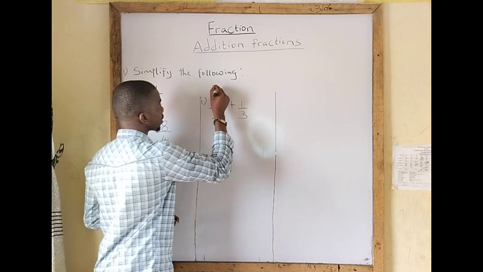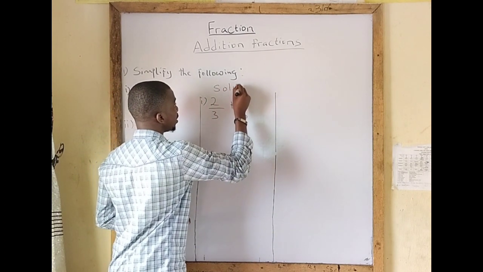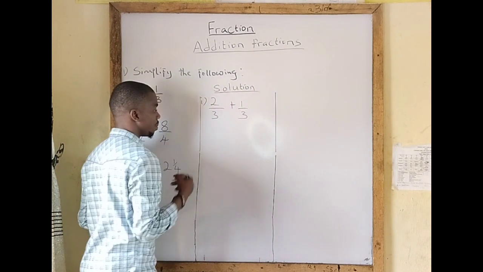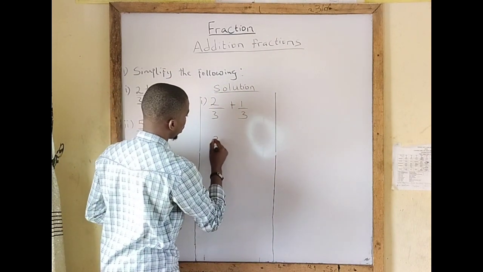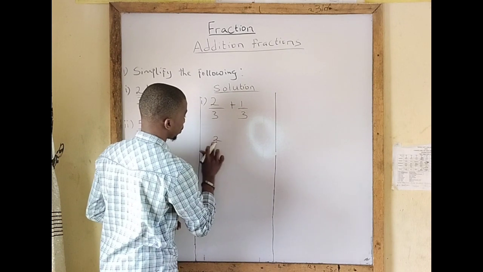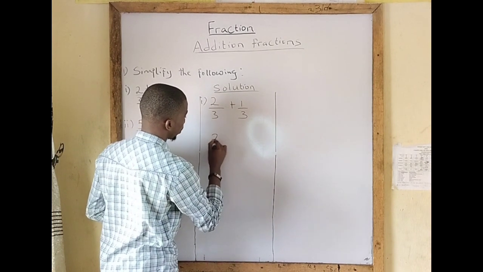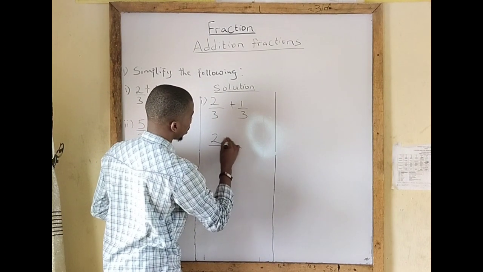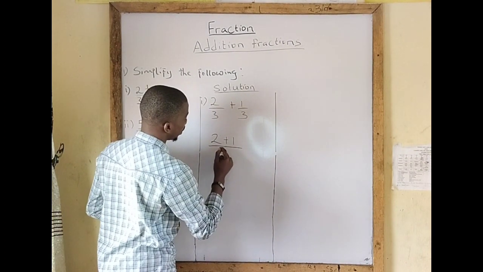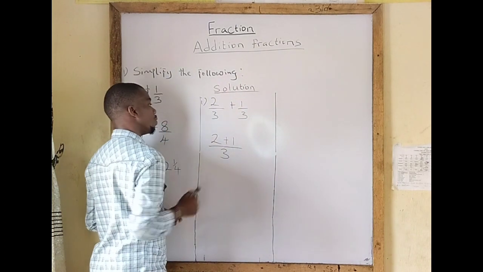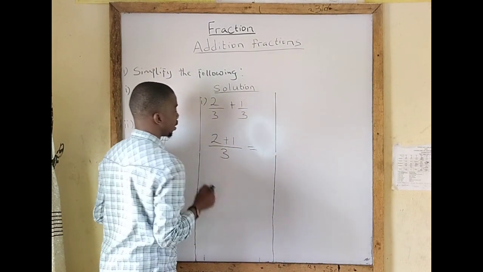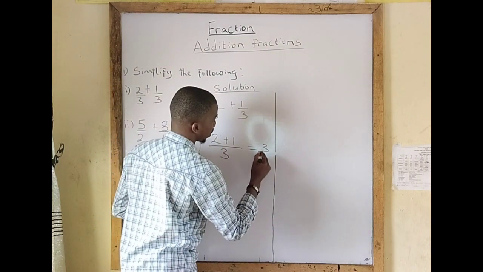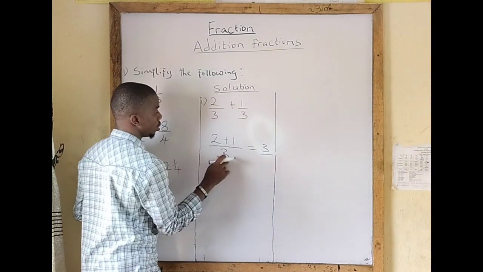In this case, since the denominators of the fractions are the same, we take it to a single denominator and add the numerators. 2 plus 1 is 3, all over the denominator 3.